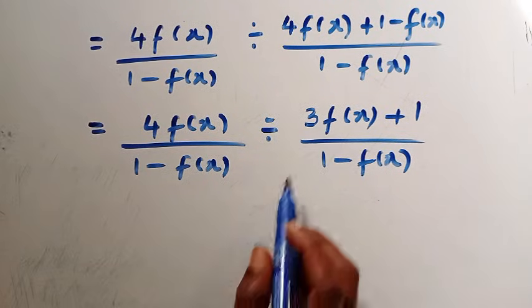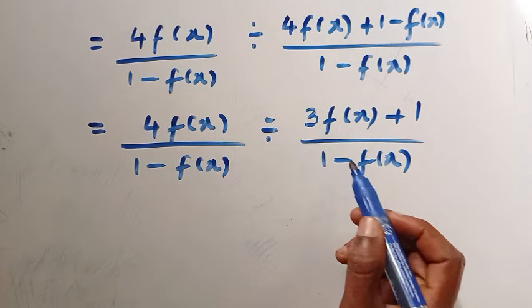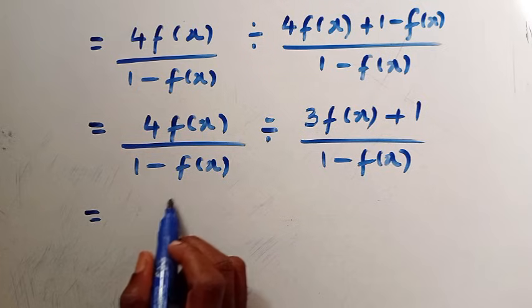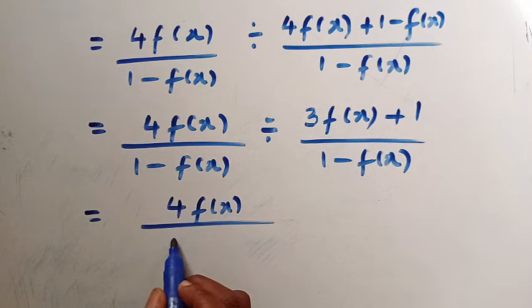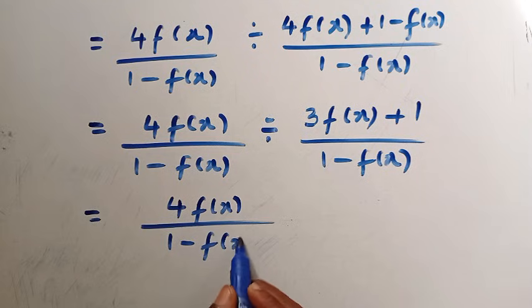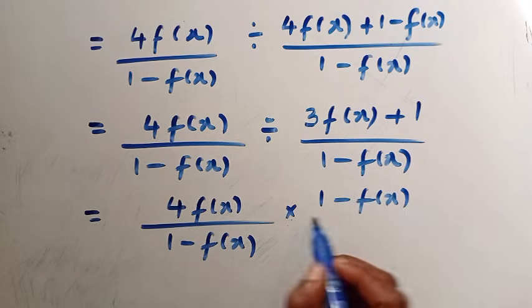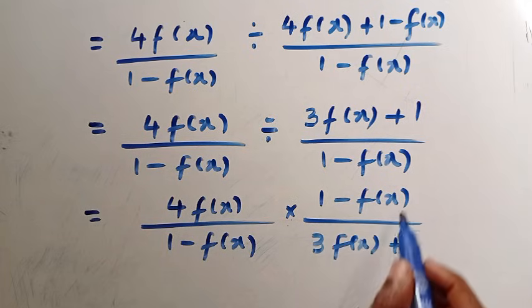So next, we are going to do the flipping by changing this to multiplication and moving 1 minus f of x up. So this equals 4 f of x divided by 1 minus f of x multiplied by 1 minus f of x divided by 3 f of x plus 1.